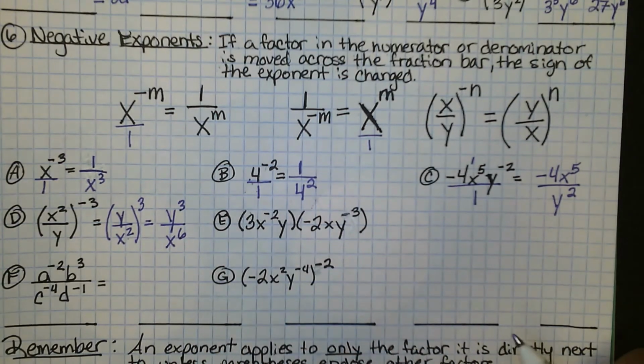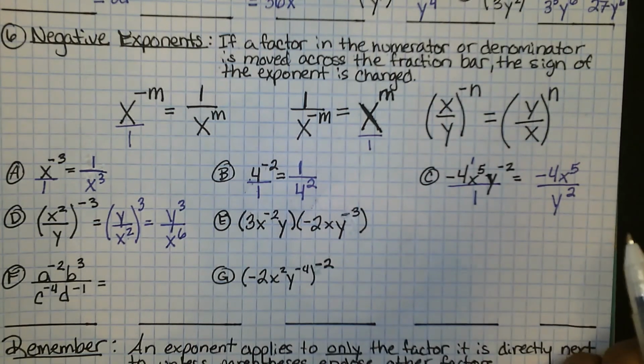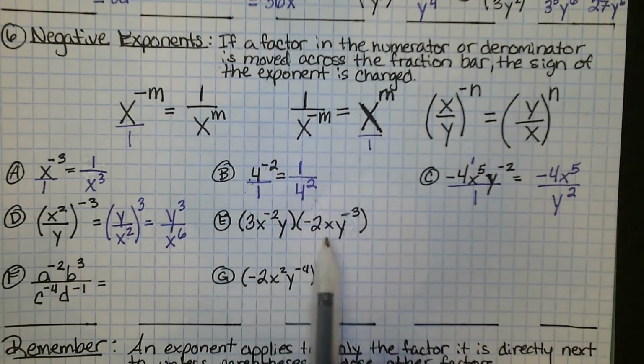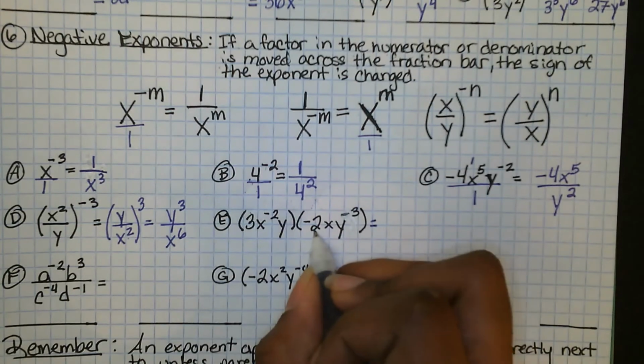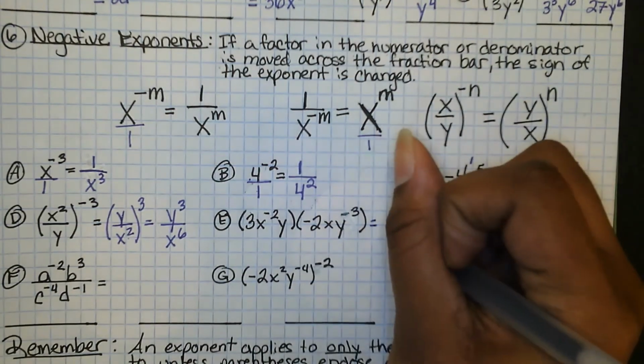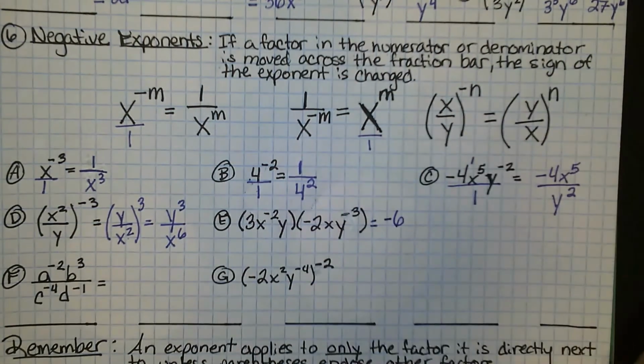In this example, there's a few things we need to take care of. There's multiplication going on for one thing. Multiply first. So we have 3 times negative 2, so we're starting off with the negative 6.